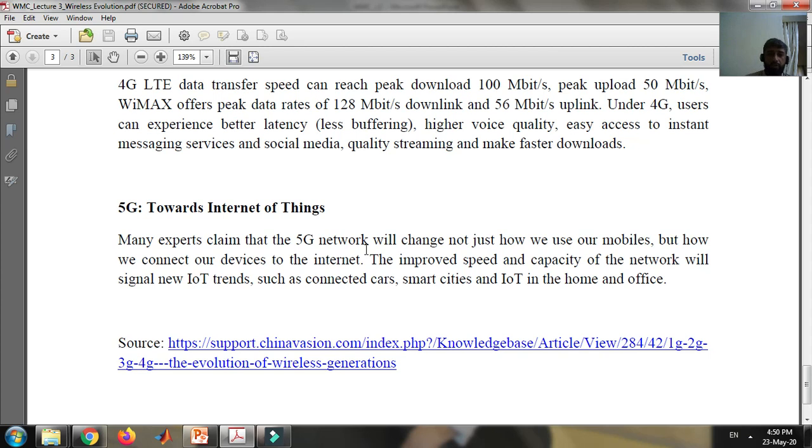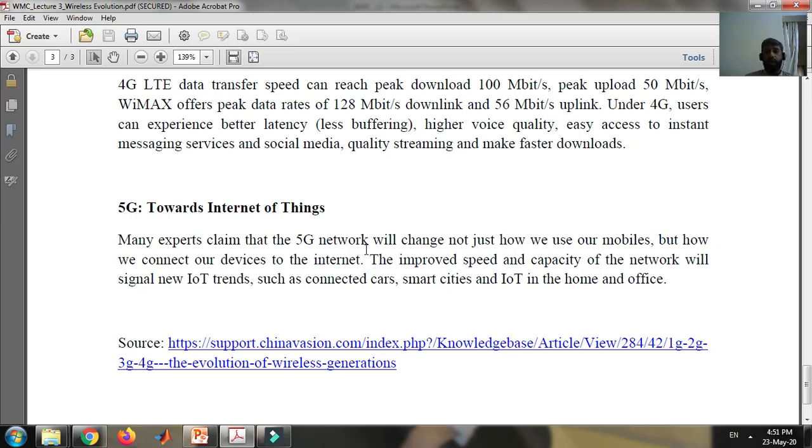And now we are in the era associated with the development of fifth generation of mobile telephony, where we are going towards the Internet of Things. We are going beyond connecting different subscribers with each other.